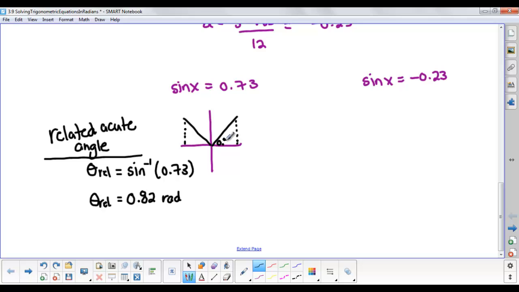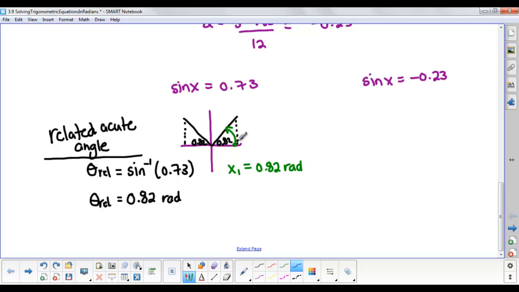That is our related acute angle, so 0.82 in there as well as over here. Now, as always, we need to find those two angles. Our first possibility is we start at the standard position and rotate counterclockwise. So our first possible answer, clearly from our diagram here, is 0.82.